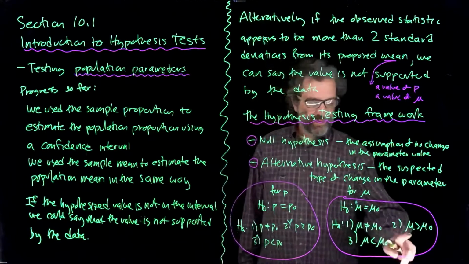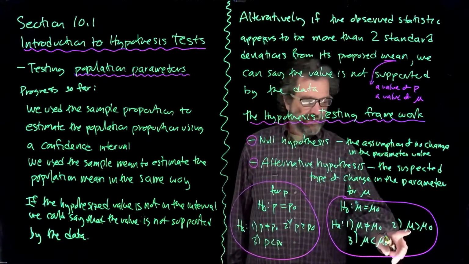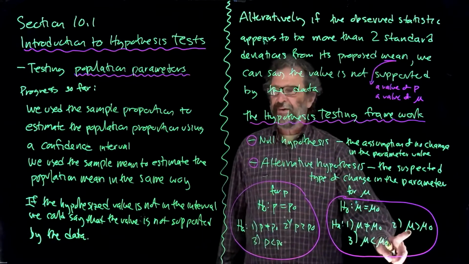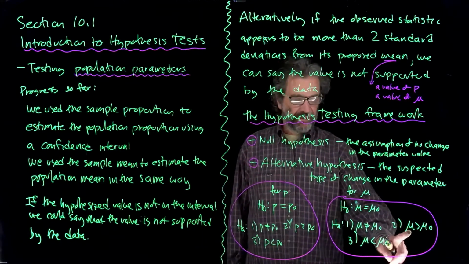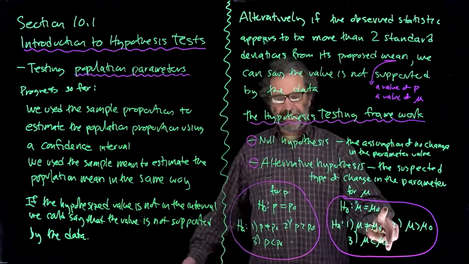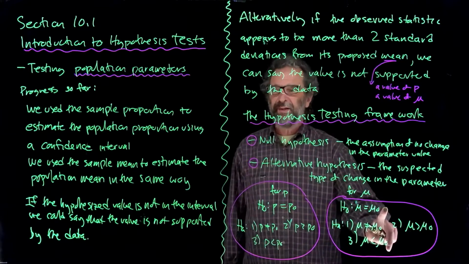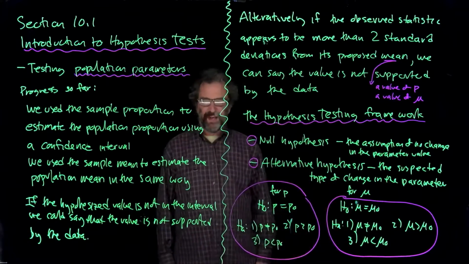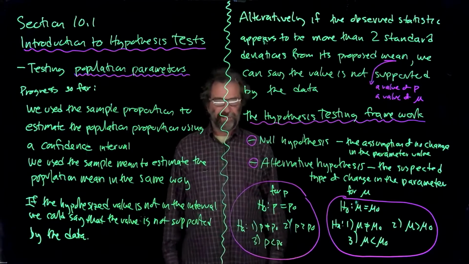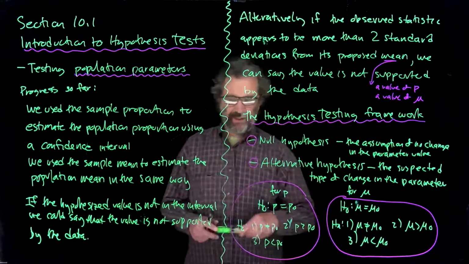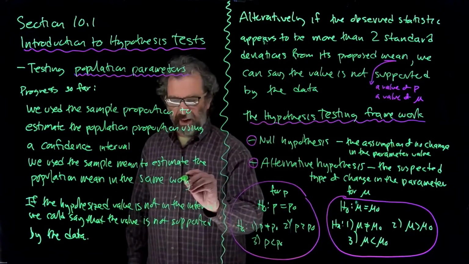When you're looking at this greater than or less than situation, if you see information that makes it look like the mean went down, then you go, well, what I was looking for didn't happen. And so since this is the usual mean, and I was looking for an increase, if I see a decrease, I just say, well, it looks like the mean hasn't changed in the direction I expected it to, and I will just go on with business. The thing I was looking for to be causing a problem, that problem didn't happen. Maybe the opposite problem happened, but maybe it wasn't due to the cause that I was studying.